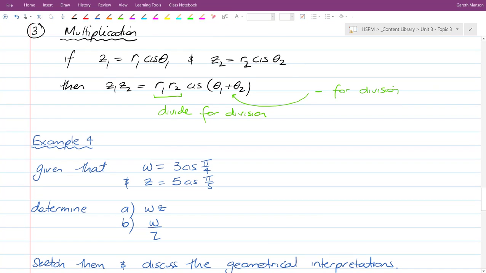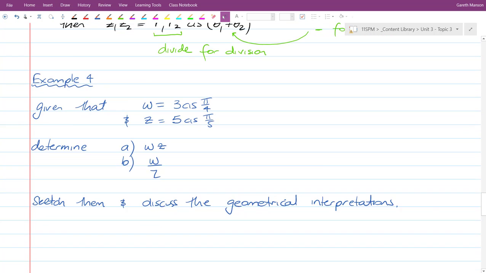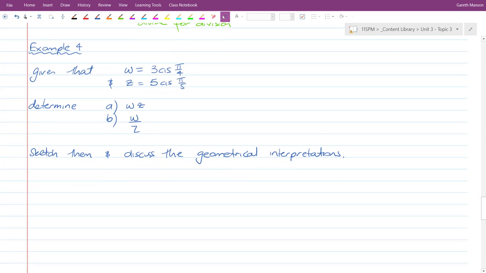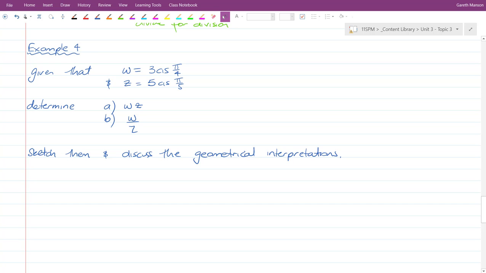And so example 4, which we can do quite quickly and then talk about the geometric interpretations, we get A, WZ is equal to 3 times 5 cis (pi on 4 plus pi on 5). What's pi on 4 plus pi on 5? Excellent, thank you.